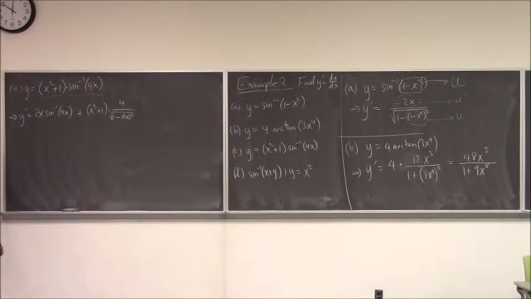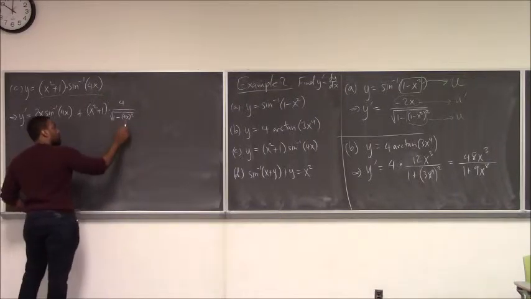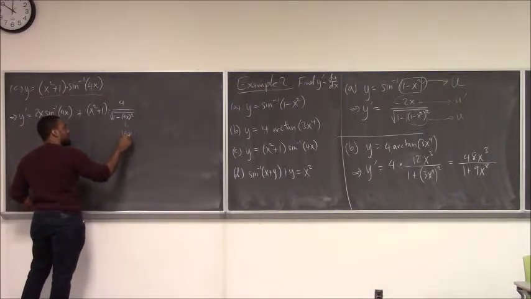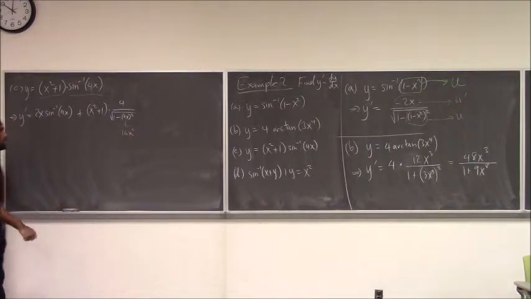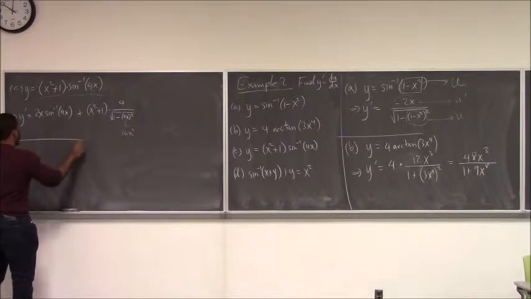And we don't really have any common terms here to pull out or anything. You can leave it like that, or just make sure that this is 16x squared, because both the 4 and the x should be squared. Okay. What about this guy?